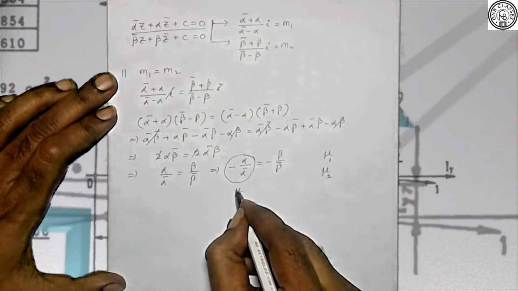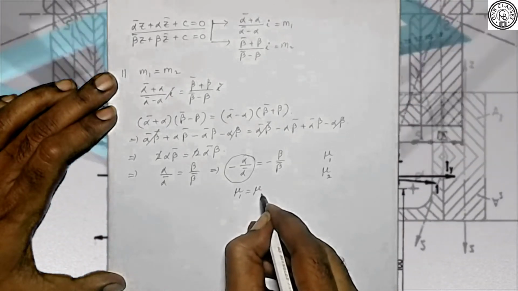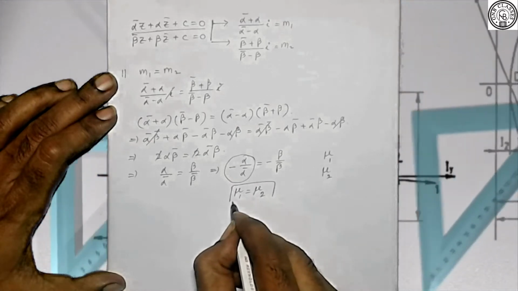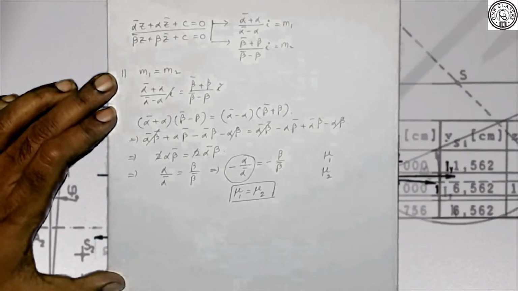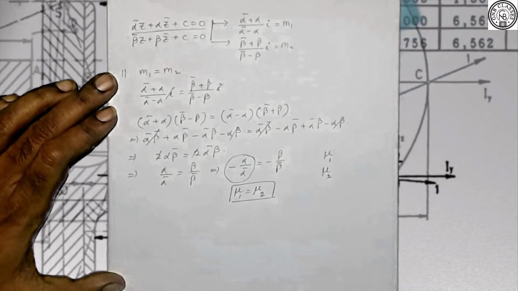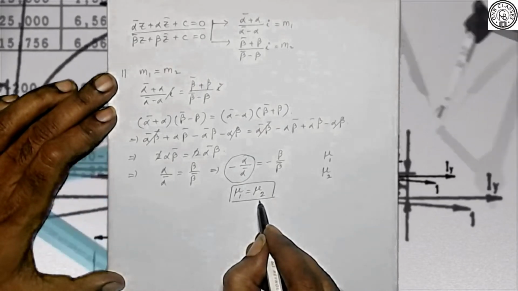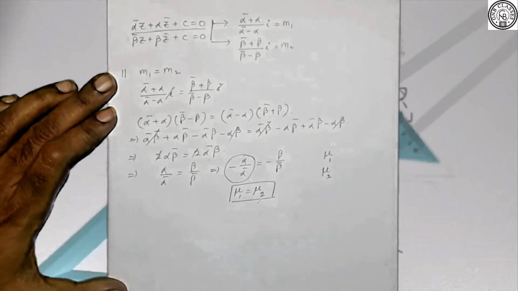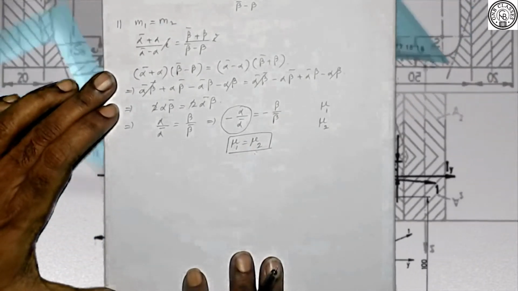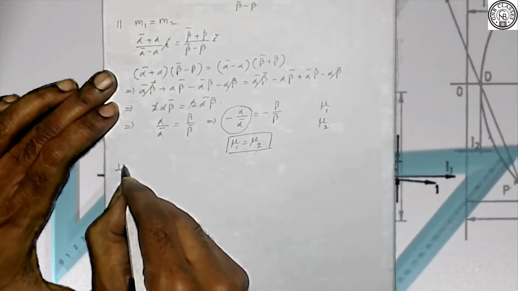So we can write that mu1 here is nothing but mu2. Is it clear or not? So what we have learned is that when 2 straight lines are parallel to each other, then their complex slopes will be equal.